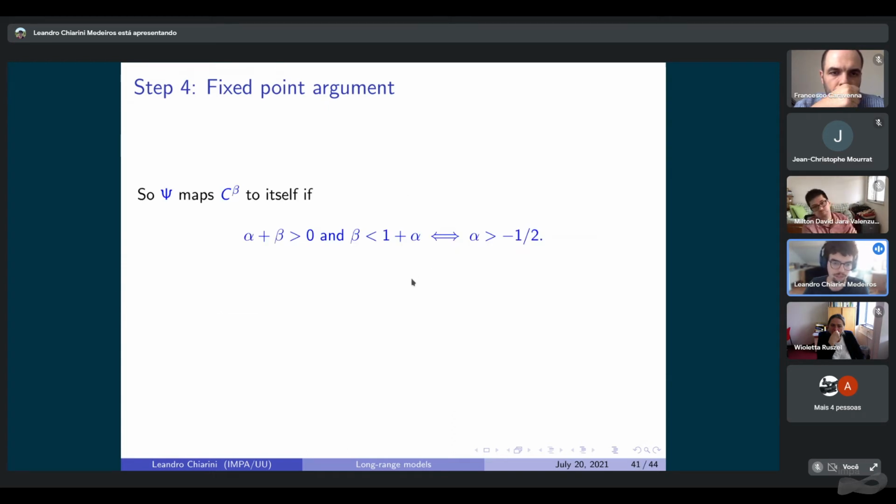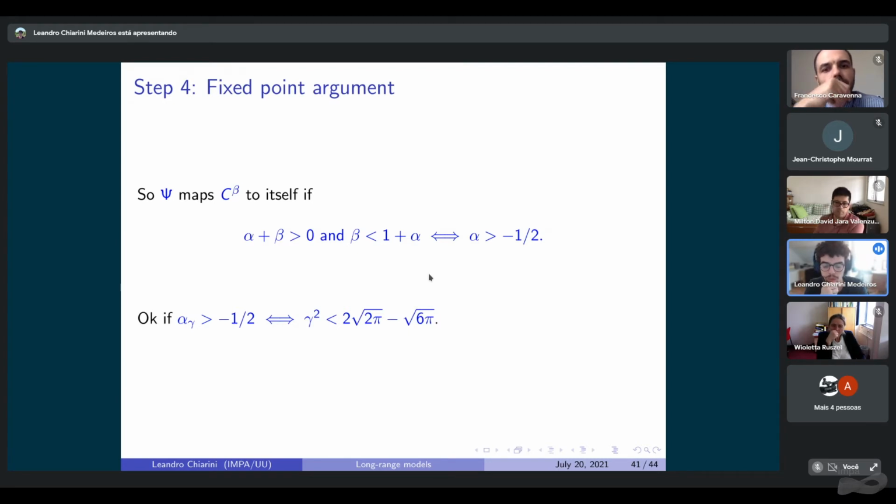So we can satisfy both assumptions as long as alpha is bigger than minus half. And because we estimated before the optimal convergence for the fields X gamma epsilon, we actually know for which parameters gamma, for each gamma, we can have such a convergence.